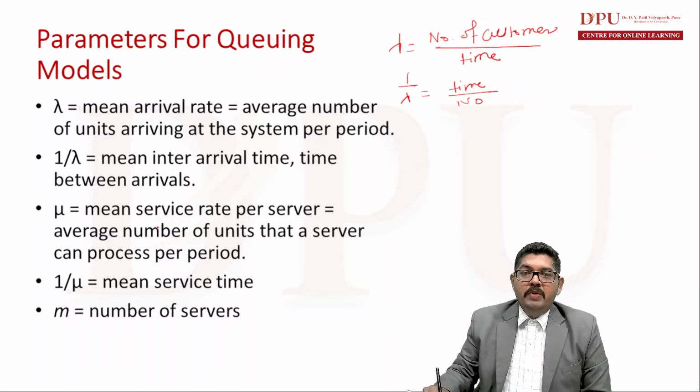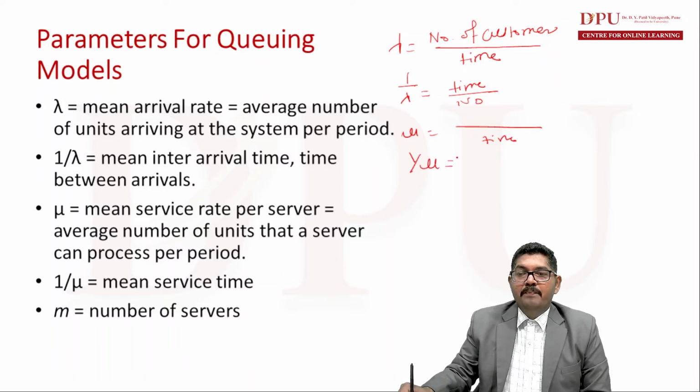Similarly, we have the mean service rate, the average number of units that a server can process per period. So mu is equal to the number of customers served divided by time, and therefore 1 upon mu will give us the mean service time. 1 upon mu is the mean service time, and m is the number of servers.